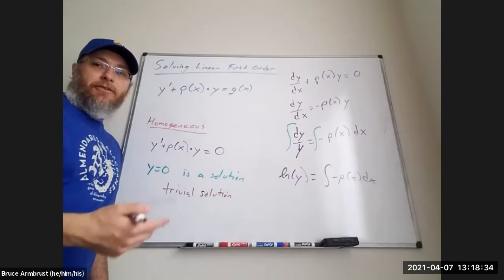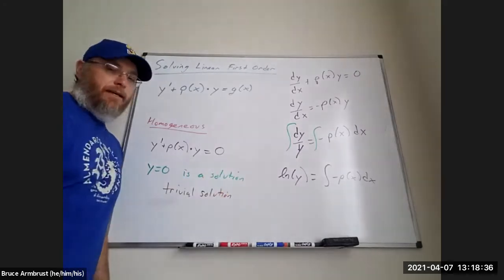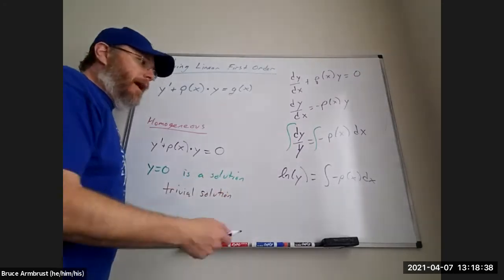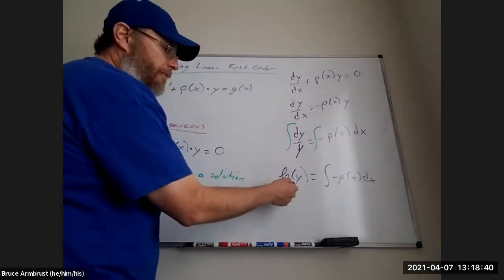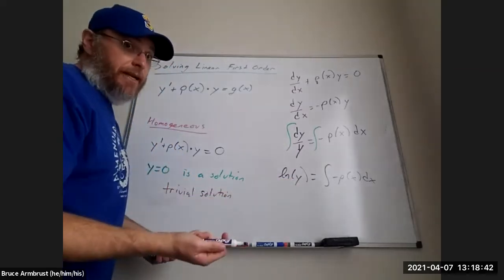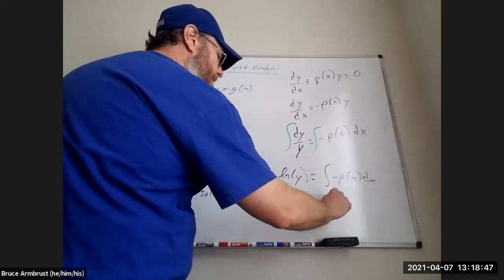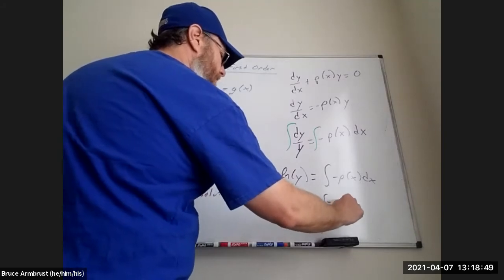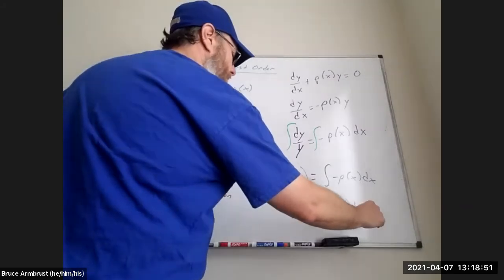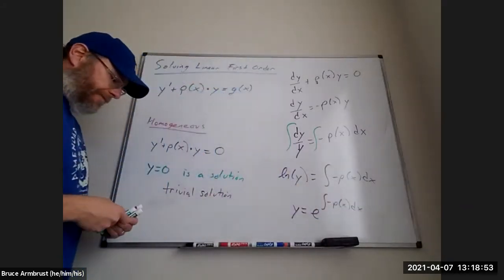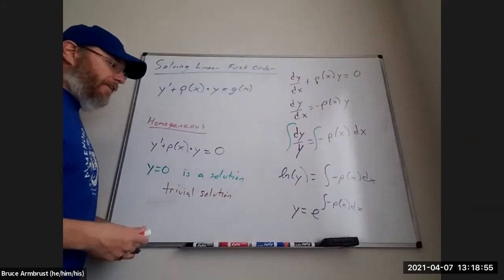But notice that there's only one more step here to get y. Y, if I want to free it from that natural log, I just have to use exponentials. And so I get y is equal to e to the integral of negative p of x dx. And check it out.